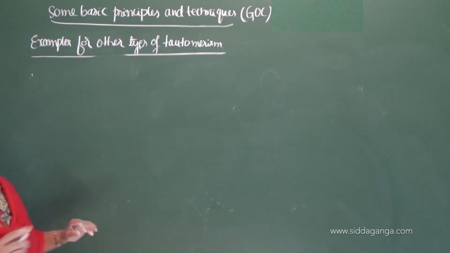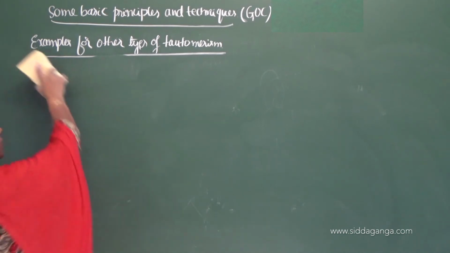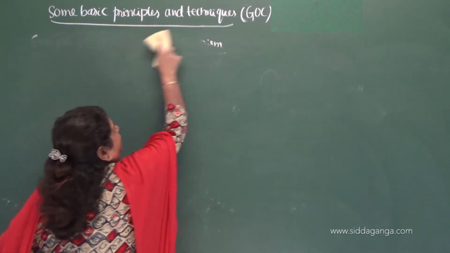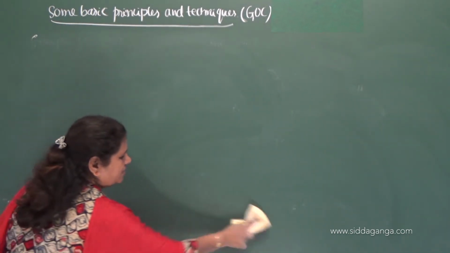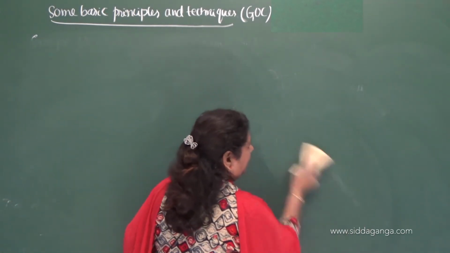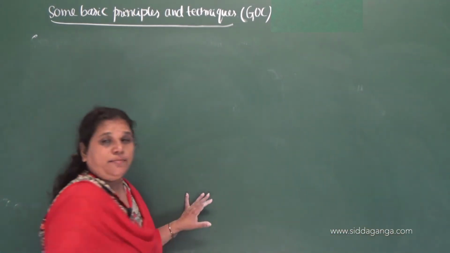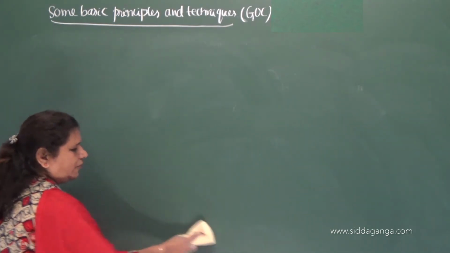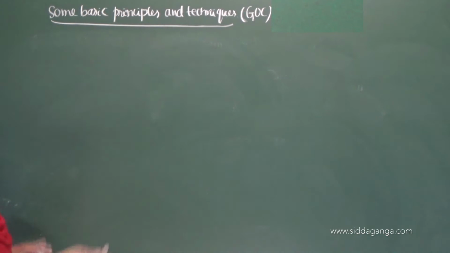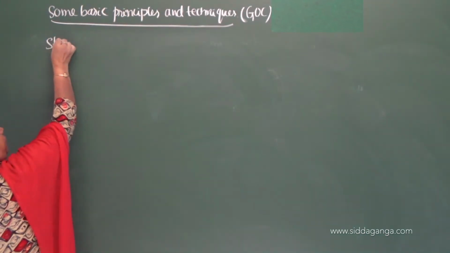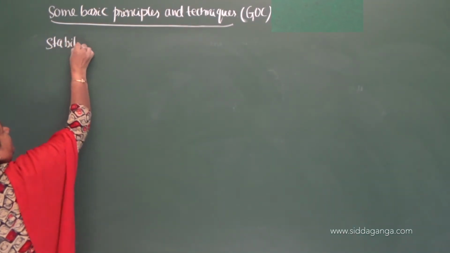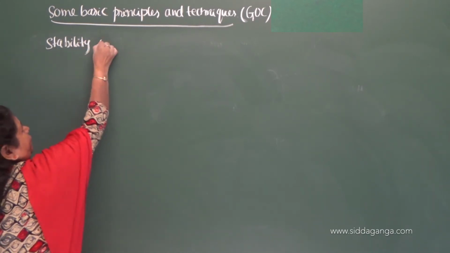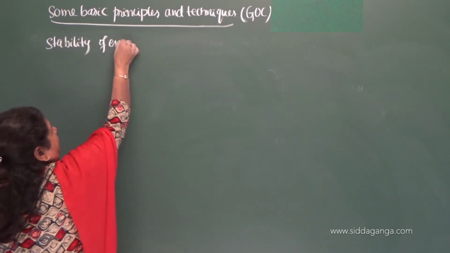Stability of enol form. Let me move on to how we can increase the percentage of enol form, or under what conditions the percentage of enol form increases and the enol form becomes stable. So stability of enol form.